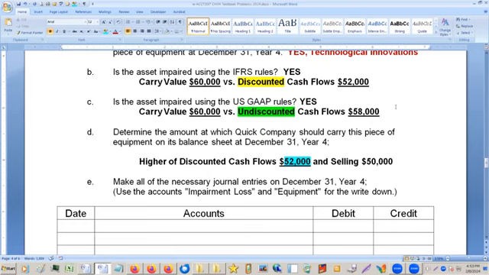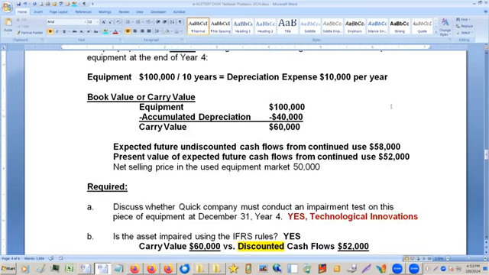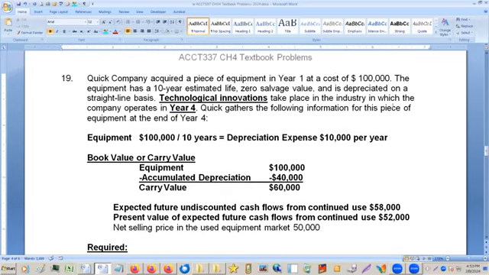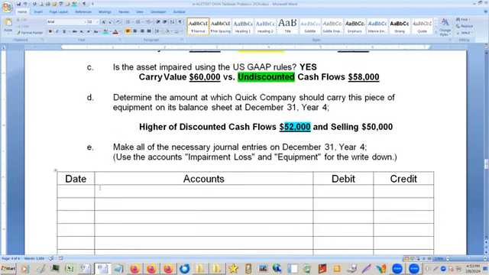Make all the journal entries on December 31st for year 4. It doesn't show that we actually, we'll do the depreciation expense.